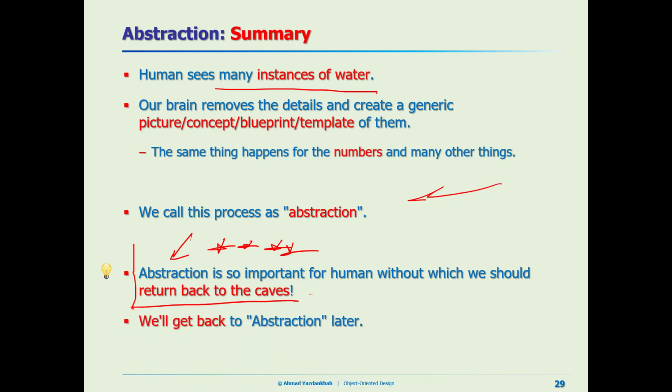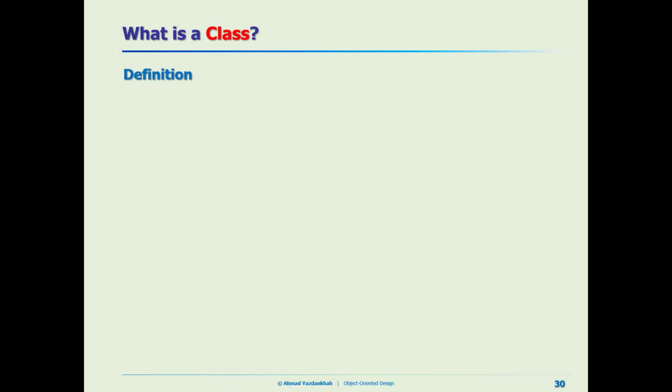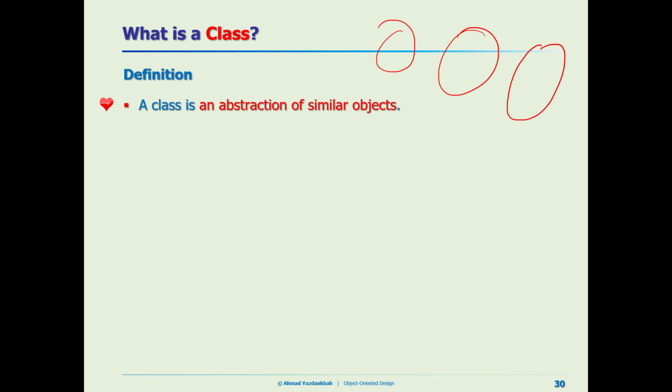Now we are ready to understand the meaning of the class. A class is an abstraction of similar objects. So we have, let's say, one object, one object, one object, similar of course, right? For example, the employees of a department or an organization.